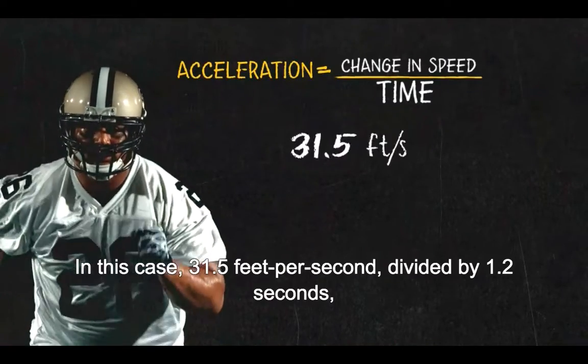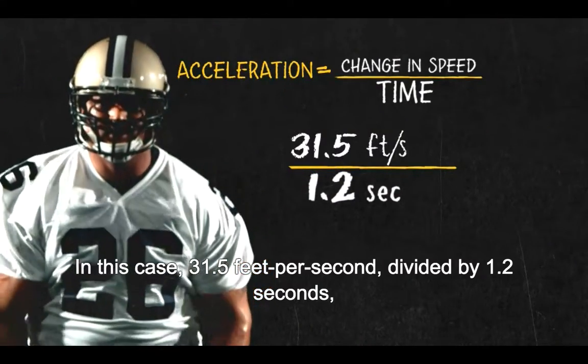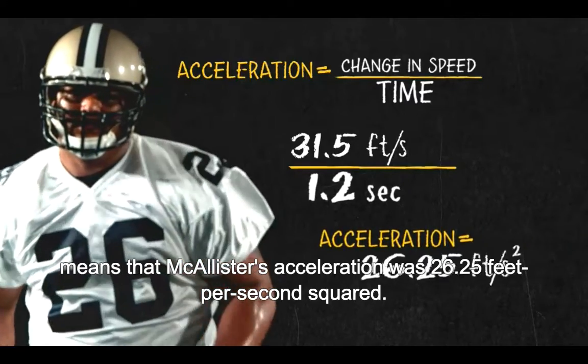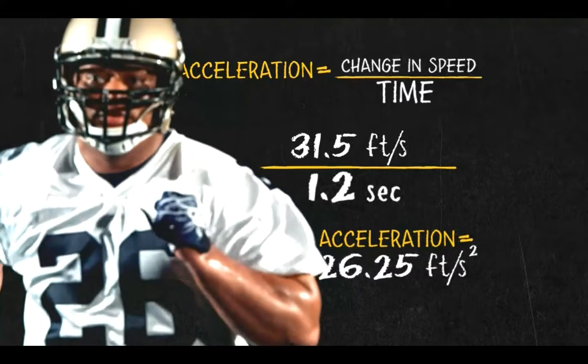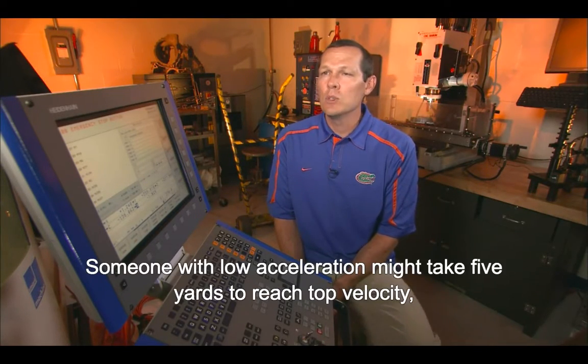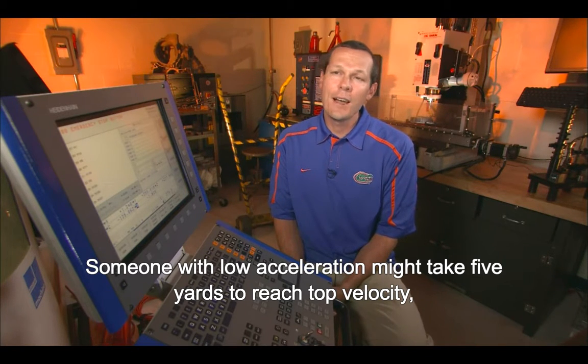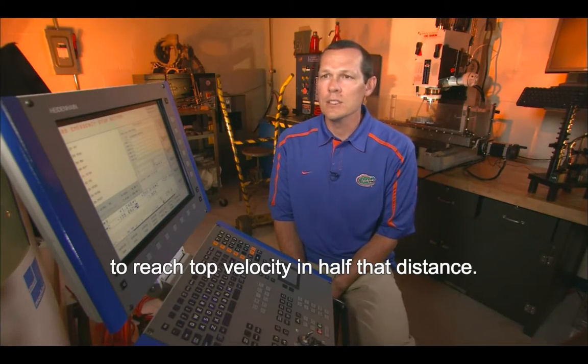In this case, 31.5 feet per second divided by 1.2 seconds means that McAllister's acceleration was 26.25 feet per second squared. We want to reach our top velocity as quickly as possible. Someone with very low acceleration might take 5 yards to reach top velocity, while someone with great acceleration might be able to reach top velocity in half that distance.